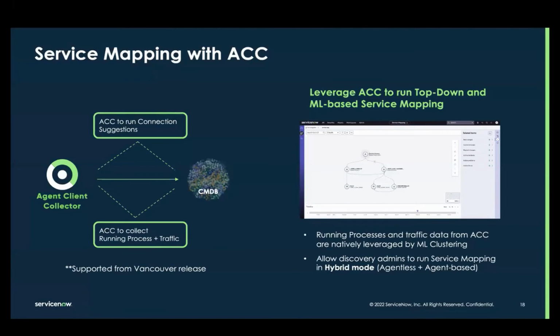On top of that, you'll be able to go to what we call the hybrid mode. So the discovery admin is going to be able to run service mapping by leveraging both agentless and agent-based discovery. That can vary on the type of environment that you're discovering.